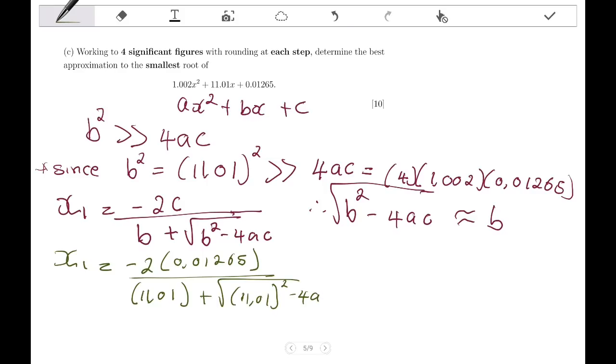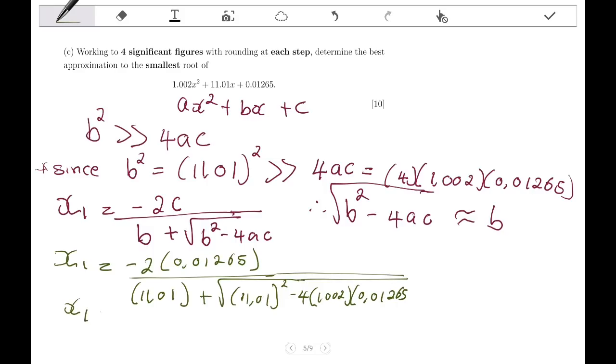Oh, sorry, I have to substitute the value of a. The value of a is 1.002, multiplied by the value of c, which is 0.01265.